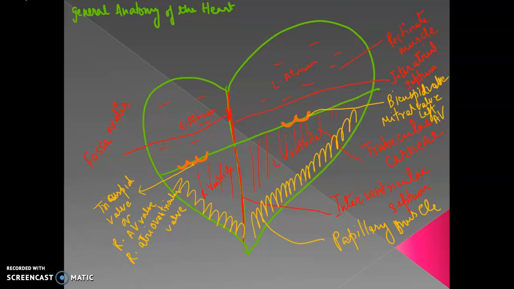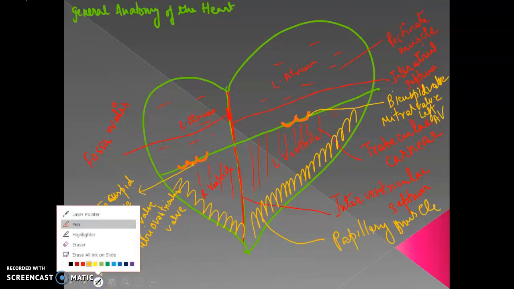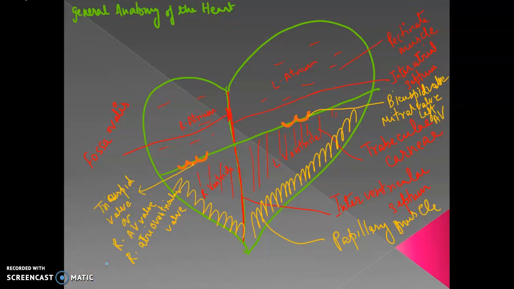Now the tricuspid valves and the bicuspid valves, they are connected to the papillary muscles. Again, I repeat, the bicuspid and the tricuspid valves are connected to the papillary muscles by these cord-like or string-like structures, and these cords or strings are called chordae tendineae.